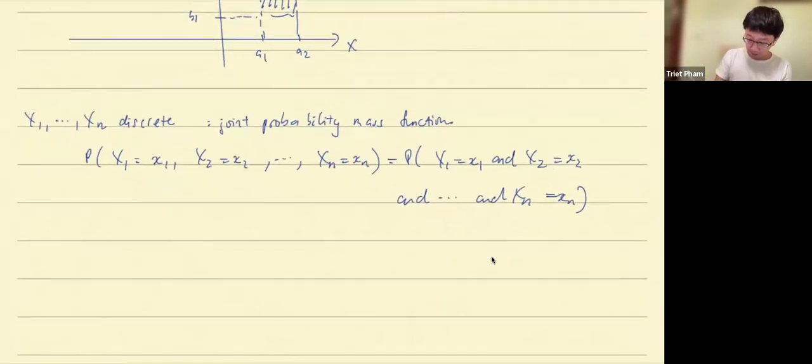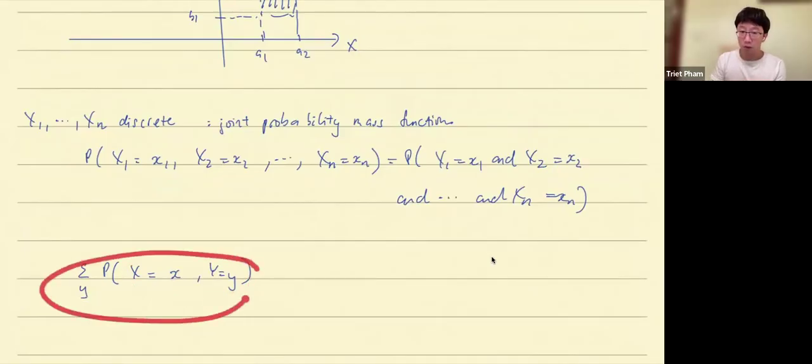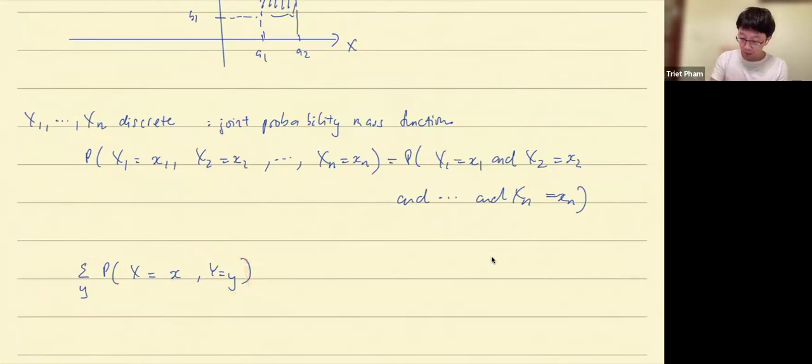For example, if you look at the case when you only have two random variables x and y, and you sum over all possible values of y, then this being intersections of events, it is the law of total probability, which gives you the probability of X equals x.